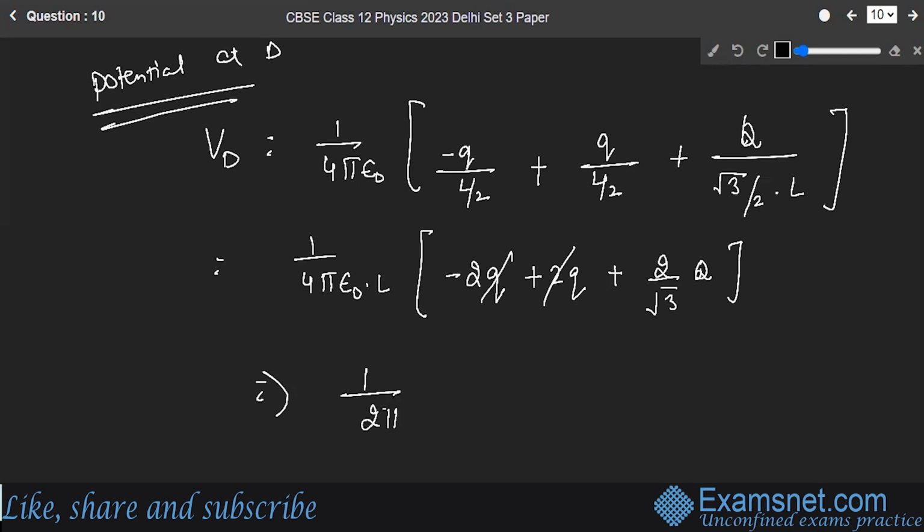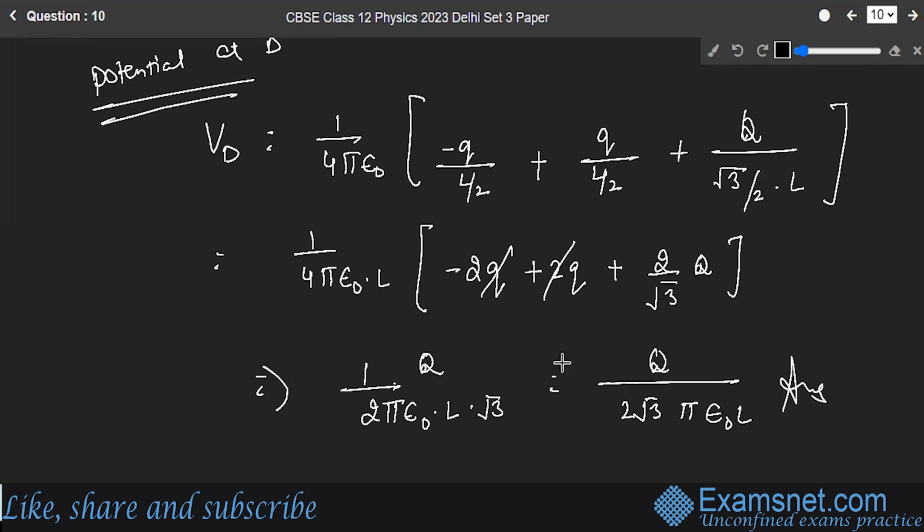So 1 upon 2 pi E naught into L, and here will be root 3 also, and here will be Q. Let's write it properly. This is Q upon 2 root 3 pi E naught L. This is the answer to the second part of the question. Hope you are clear with this. Let's move to the next question then.